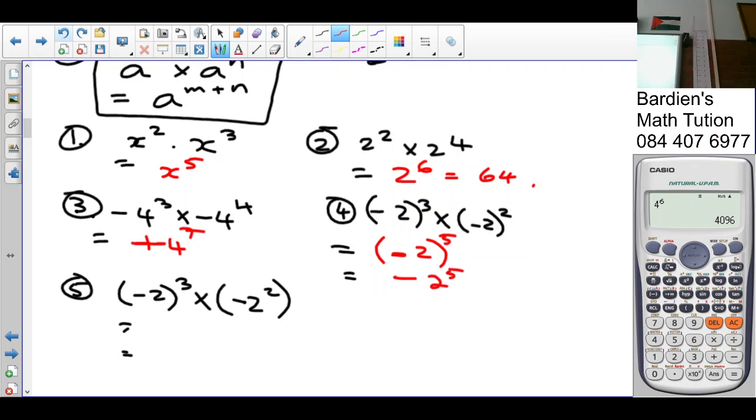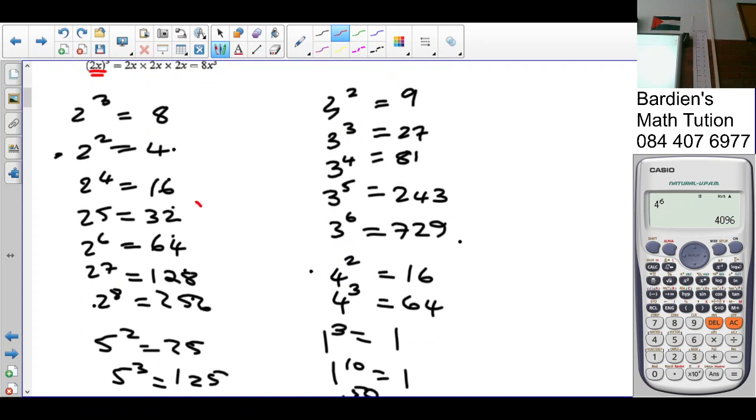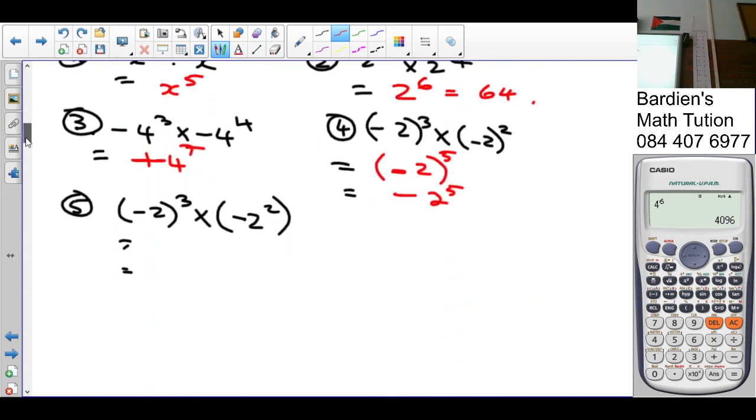That's one way of doing it. And 2 to the 5 is what? We have worked it out already. I think it's 32. 2 to the 5 is 32. So it's going to be negative 32.